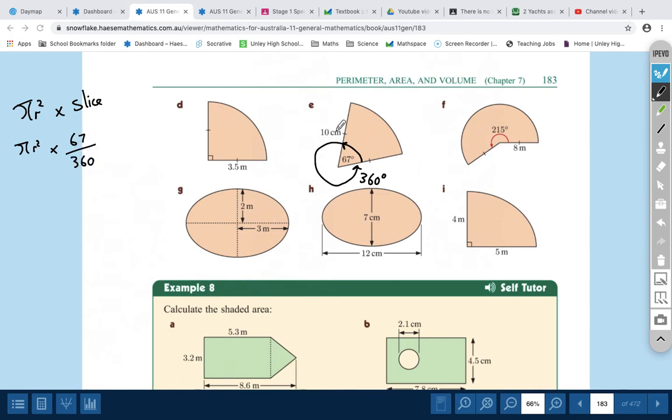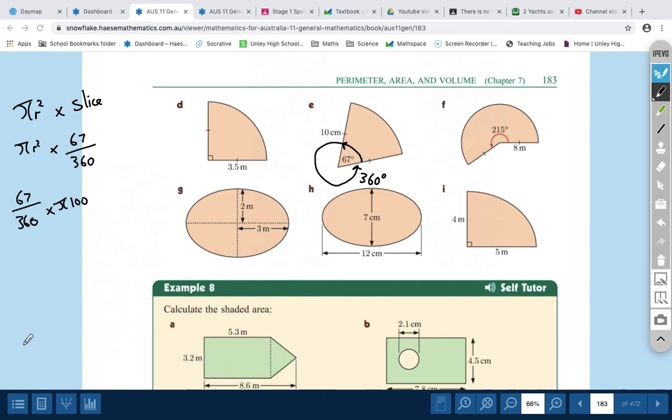Okay, and I just got to remember the radius is 10. We'll do this in the calculator, I think. Might put the slice first. So 67 times pi times 10 squared, well, that's just 100. It's like 100 pi.